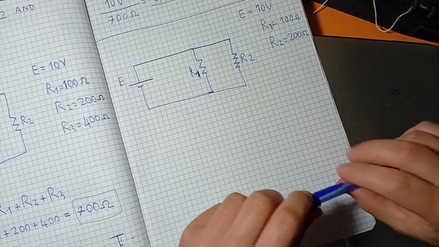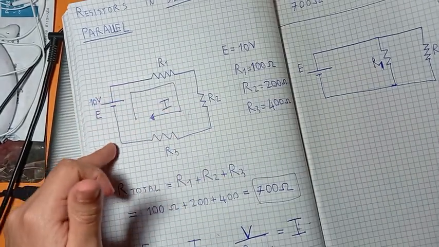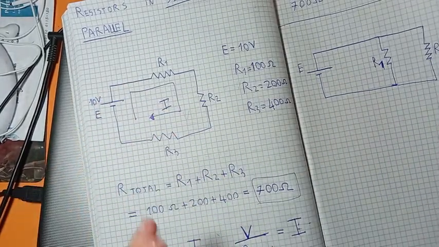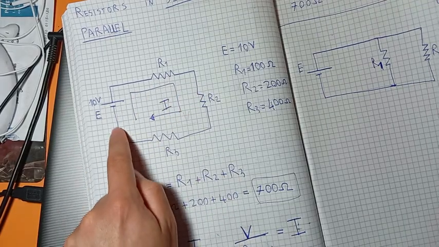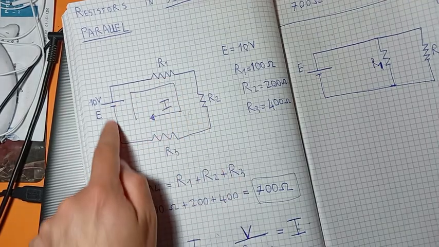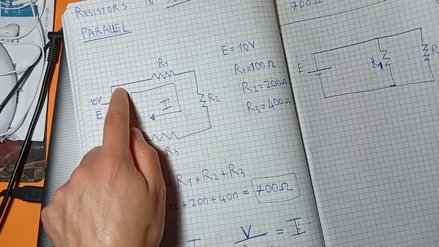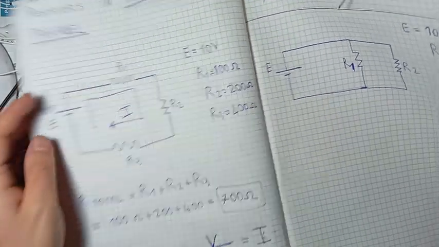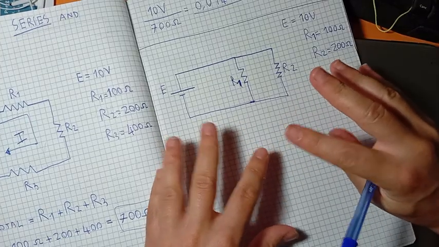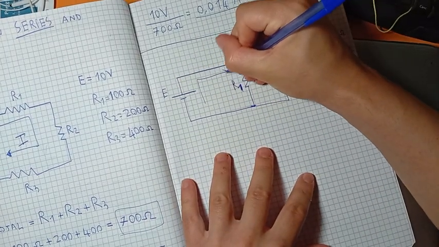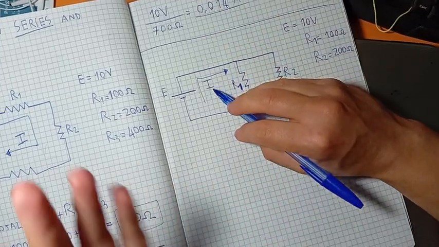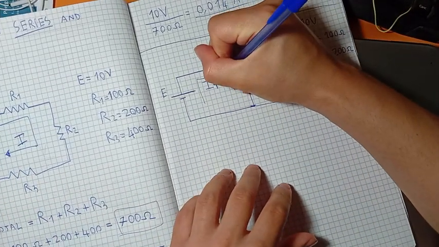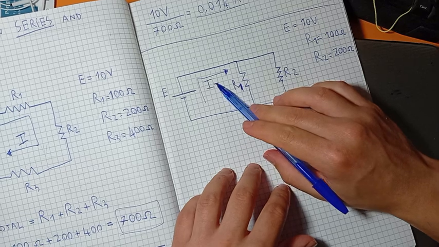Well, now it is not the same as when they were in series, because when they were in series, I just had one current. You see it? It's just one current, okay? But now I will have a total current here. We'll call it the symbol of current and a T, which means total, okay?